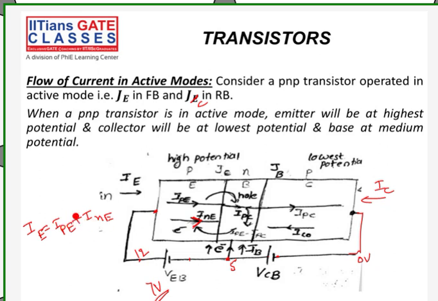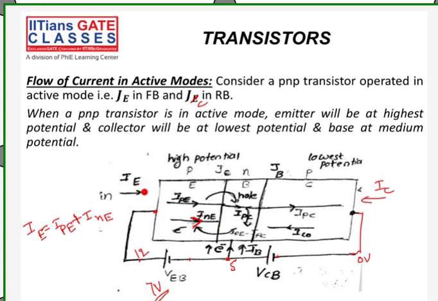These are the two currents here. So IE is the total current which is entering here. This current will be the sum of these two currents, IPE and INE. These are flowing in the right direction. So that is equal to IE.